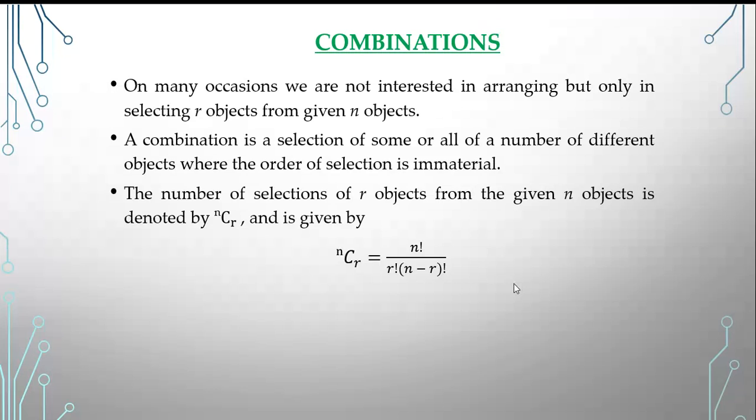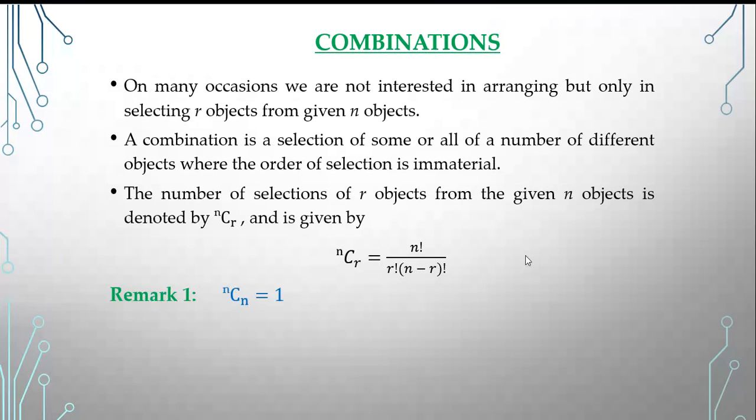So in combination, order doesn't matter. We need to select the objects. If we select the objects, that is combination. If we find the ways of arranging the objects, that is the permutation.